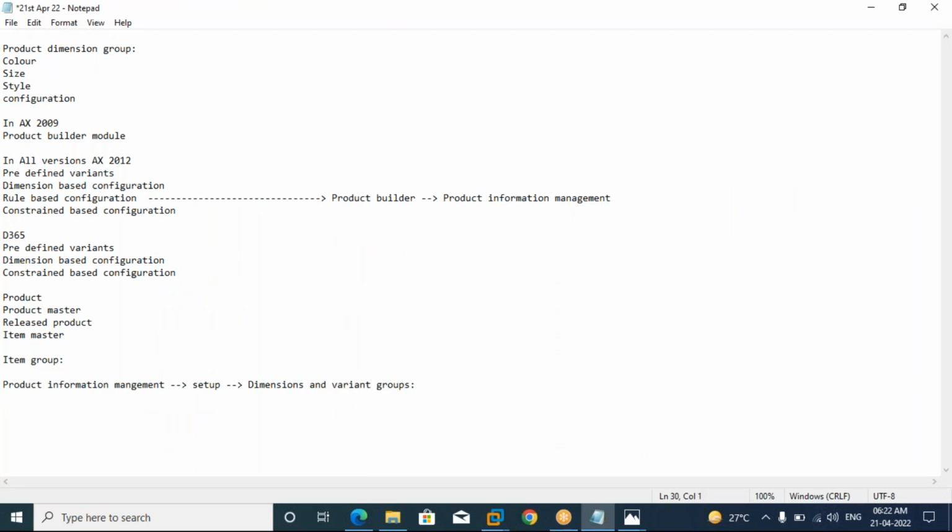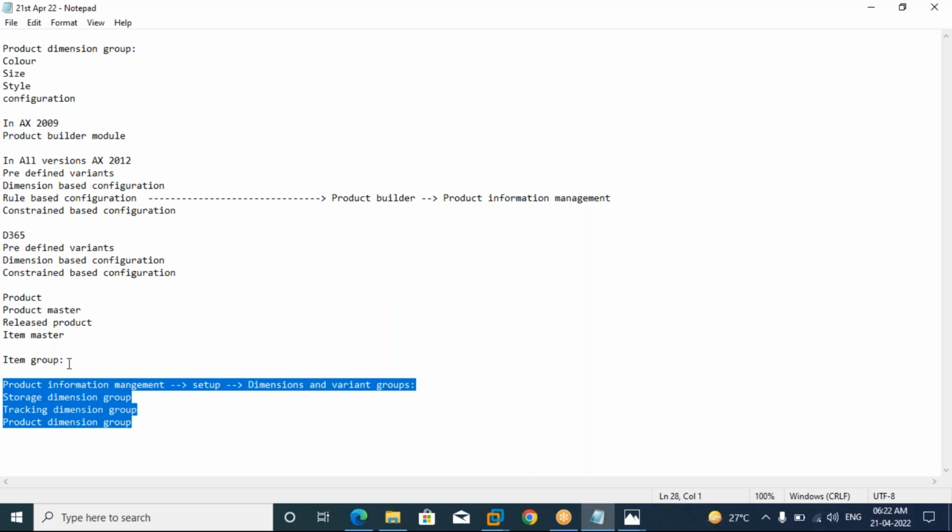In this you will find storage dimension group, tracking dimension group, product dimension group. Okay, these three are available in product information management.